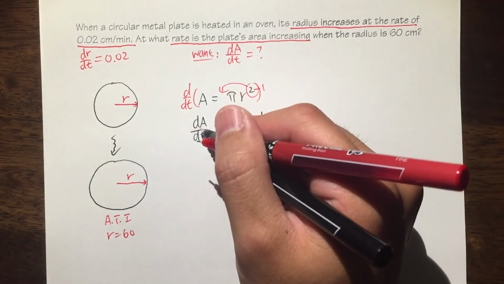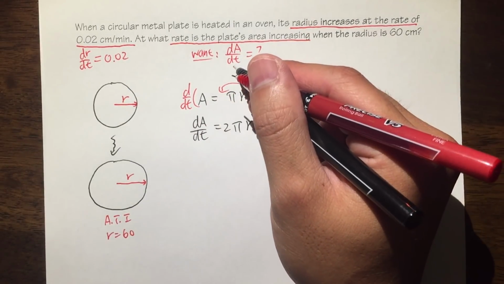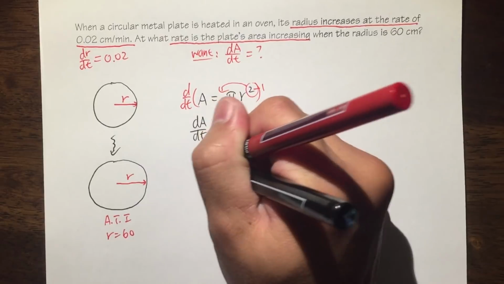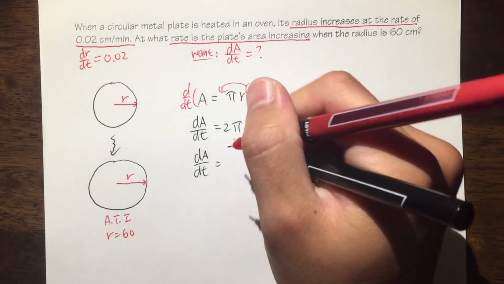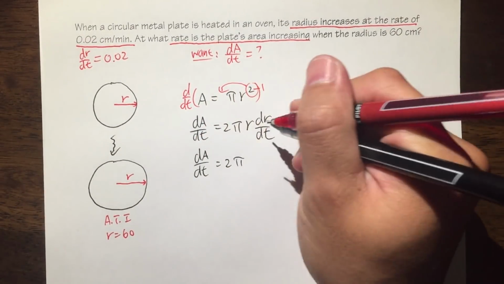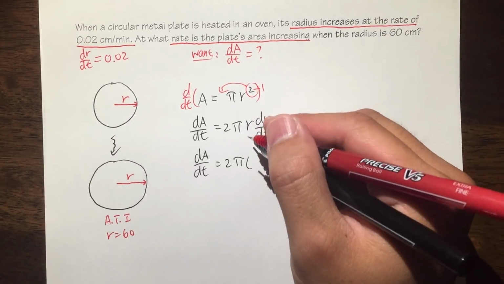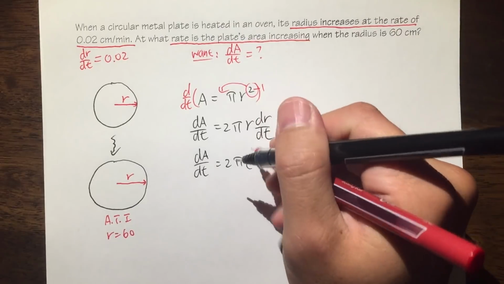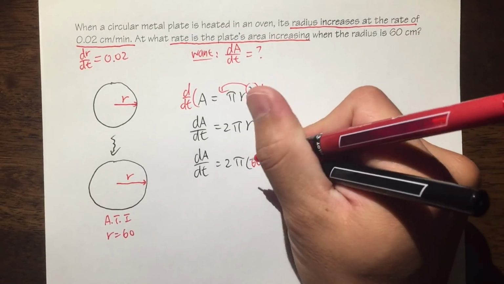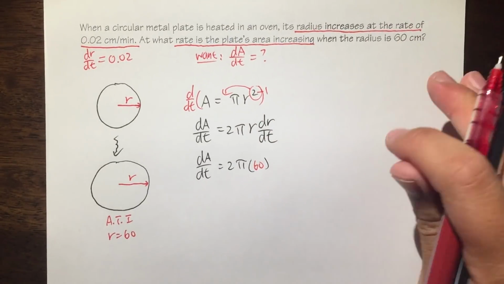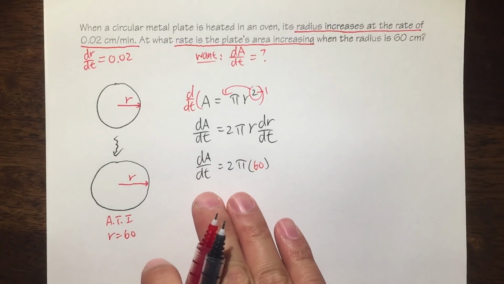Anyway, now we're trying to find out dA dt, so I'll just keep this. And then 2 is just a 2, pi is just a pi, r we care about at this particular moment, so we just plug in 60 right here for r. And by the way, at a different instant, you will have a different dA dt.